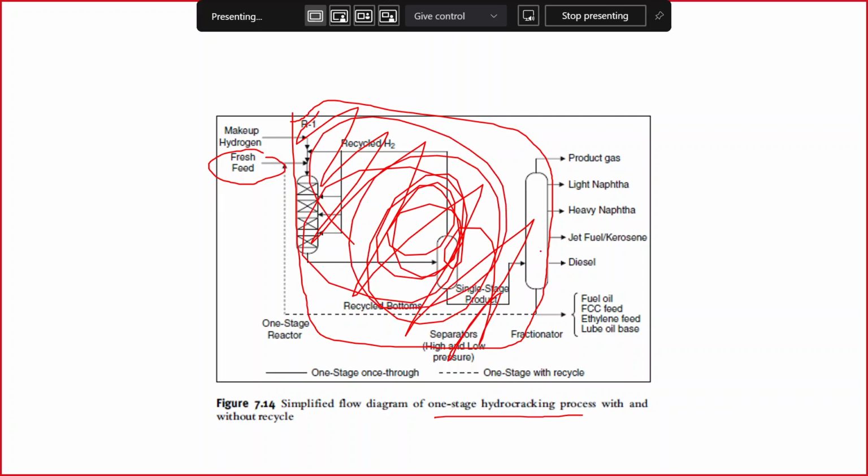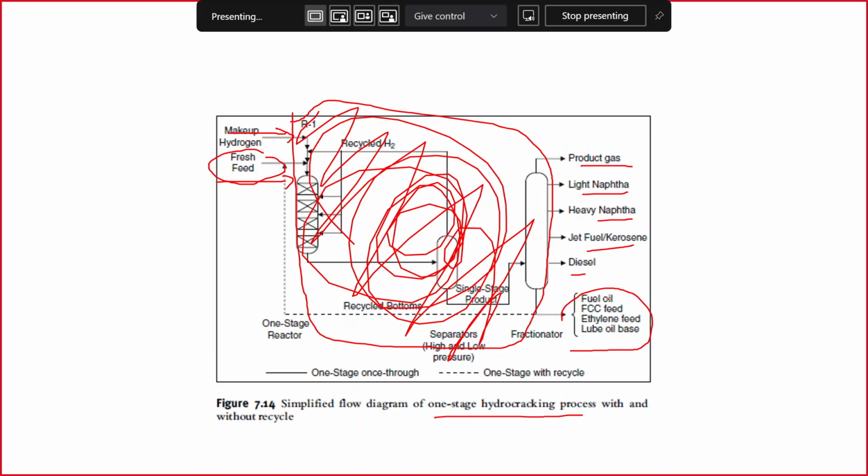You will see what's coming in is the hydrogen makeup and the fresh feed, and then you have several outlets. The first one is the gas, then light naphtha, heavy naphtha, or if you want to combine them into naphtha, that's also fine, and then jet fuel, kerosene, diesel, and the heavies. So you have six groups of products, basically.